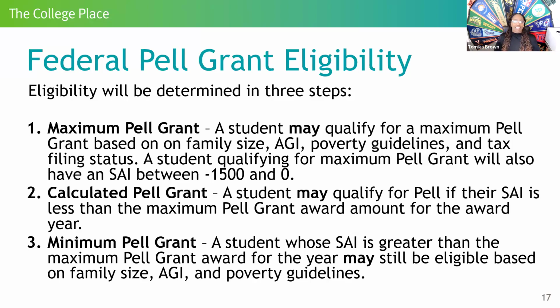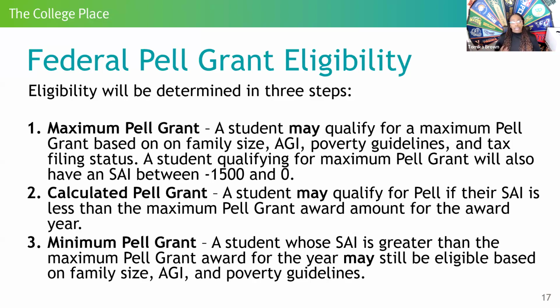I'll talk about SAI a little bit later in this session, but an SAI can go down to -1,500, whereas with the EFC, the lowest you can get is 0. So those students whose SAI is from -1,500 to 0 qualify for the maximum Pell Grant.